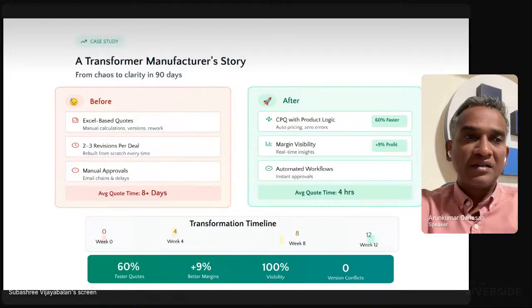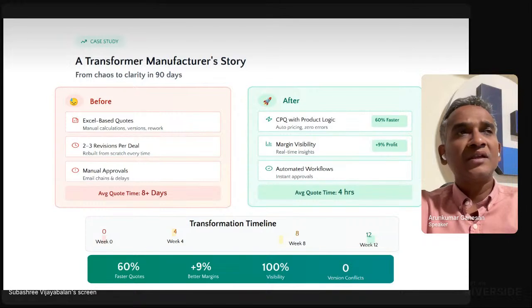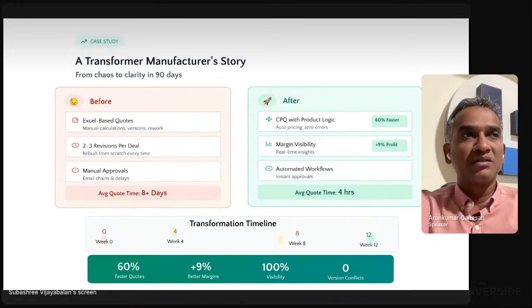They still had to deal with Excels, Words, and emails, so many different things manually, and they were not able to make good progress on margins. They were almost entirely manual processes, right?